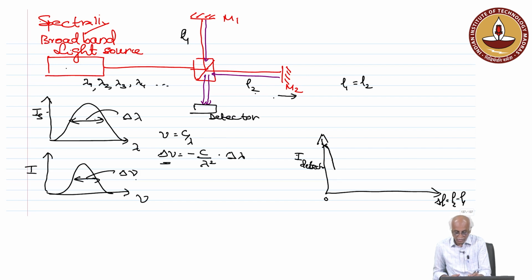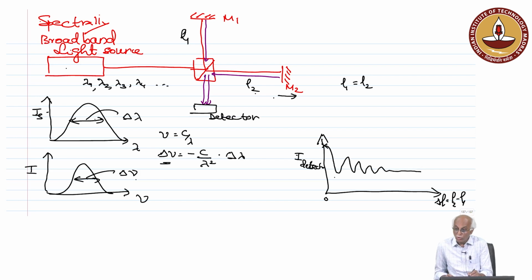The intensity will decrease, and then it increases, but it will follow something like this, and then it will reach a value, it will go to 50%. Then it will become like this.